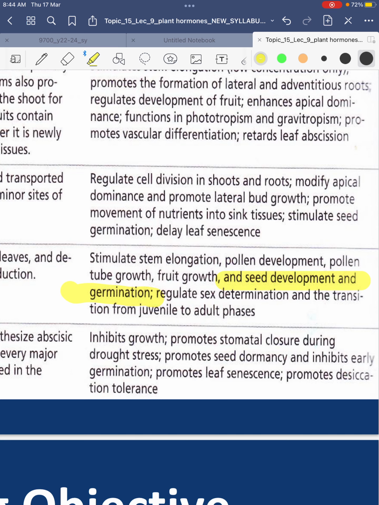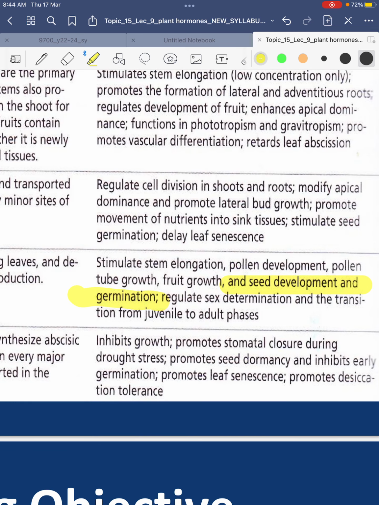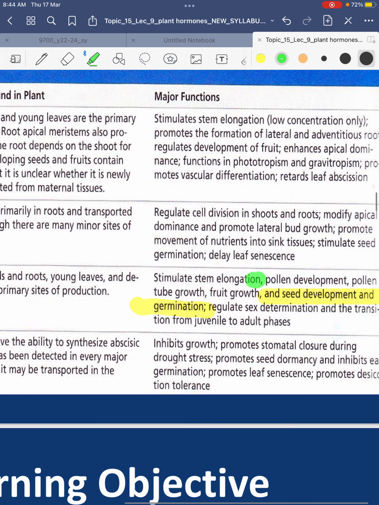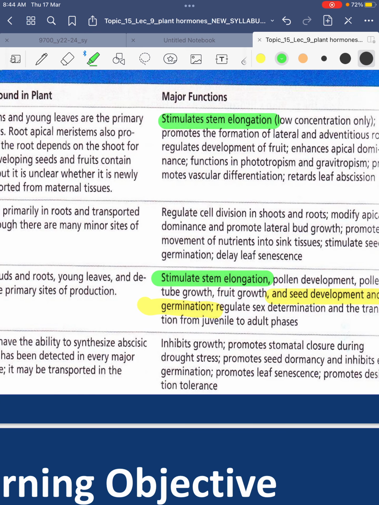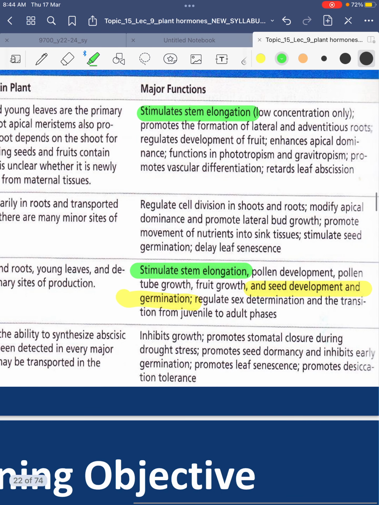But you have to understand as well that there are also other roles of gibberellins, such as stem elongation, just like auxin. When you look at auxin here, it also stimulates stem elongation, and other functions as well, like pollen tube growth, fruit growth, and so on.